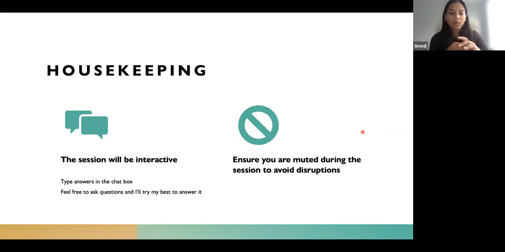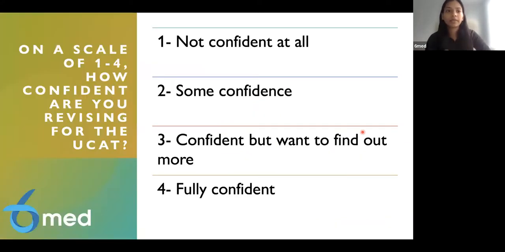Also use the chat box to ask questions as we go along. I'll try to answer them with each slide, or save them for the Q&A session at the end. First question: on a scale of 1 to 4, how confident are you feeling about revising for the UCAT? You can just type in numbers 1, 2, 3, or 4.